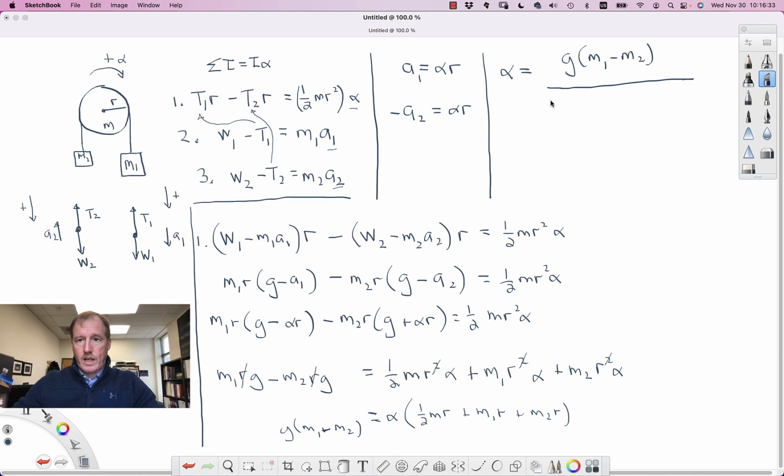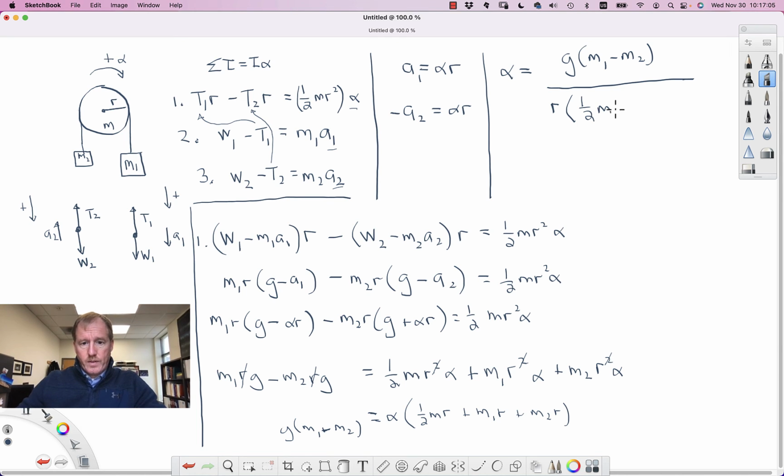I'm going to factor out an r right here, and I'll have 1/2 m. Did I forget something? Oh, here's my problem. All right, let me go back. I forgot both r's right here. So m1r, this should be an r, let me see, r 1/2. These are r squared, that's right.